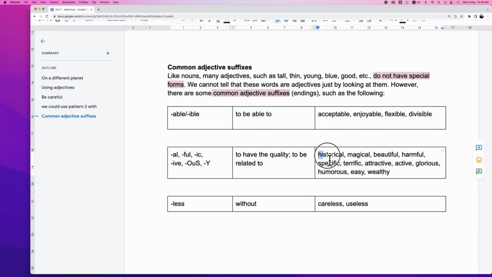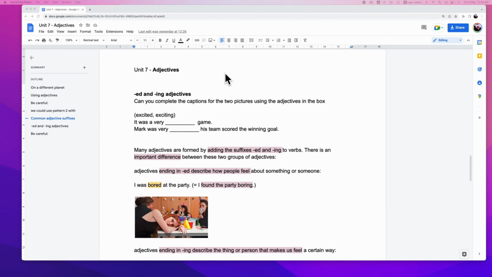For example, historical, magical, beautiful, harmful, specific, terrific, attractive, active, glorious, humorous, easy, wealthy. And also words that end with less, meaning without, for example careless and useless. All these tell you that the word is an adjective.